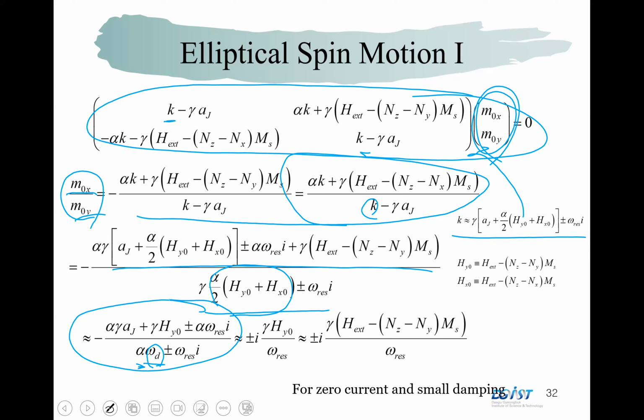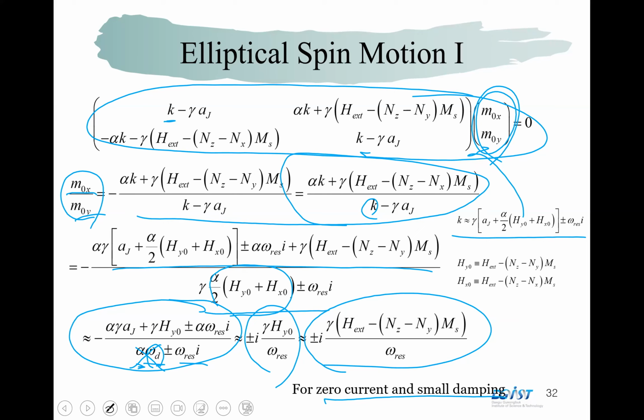And if you assume this term is smaller than this one, which is usually true, then we have this expression or this expression for zero current and small damping.